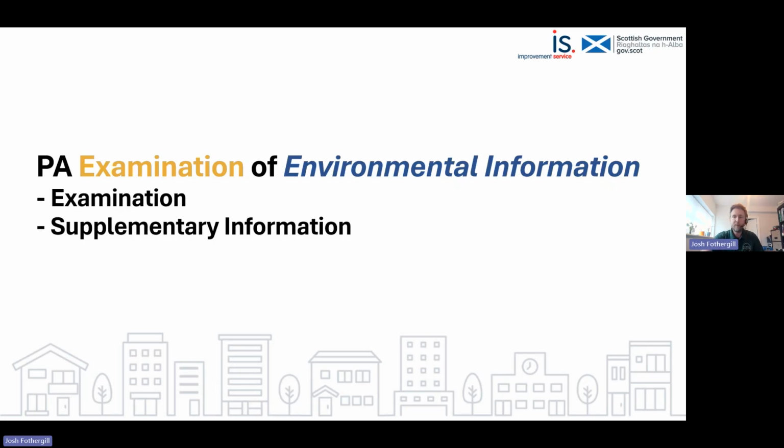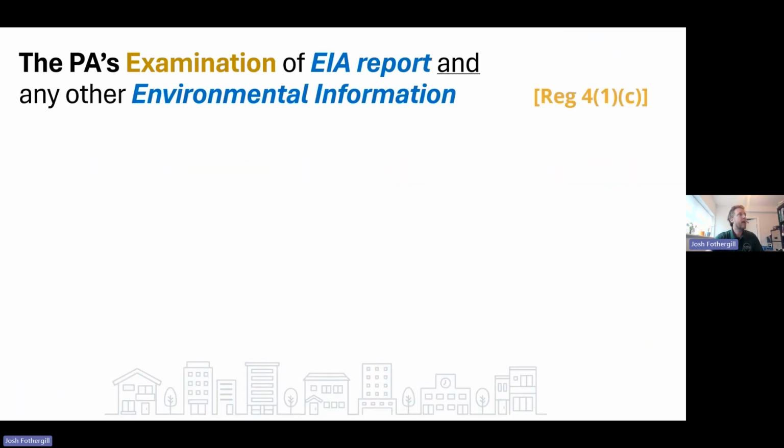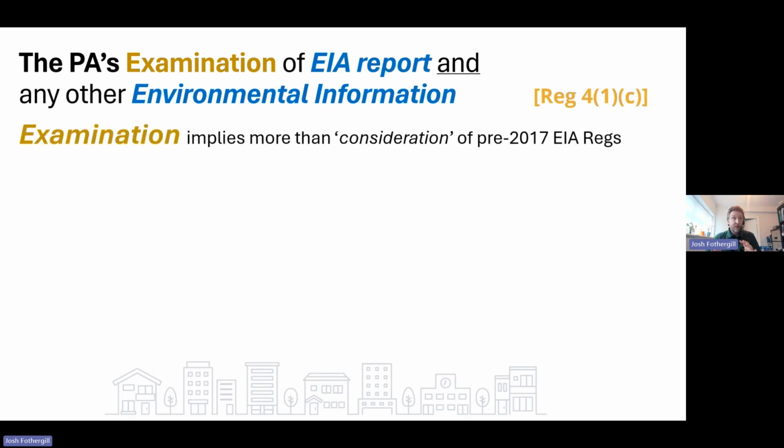Let's look at examination first. So since 2017, we've had this expectation that the planning authority will examine the EIA report and the other environmental information. So that's the representations, the additional information, any supplementary information requests, etc. Examination implies it's going to be more than consideration.